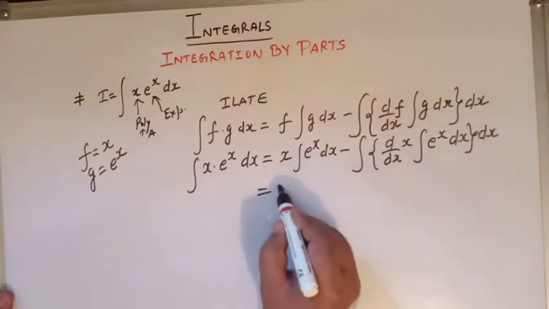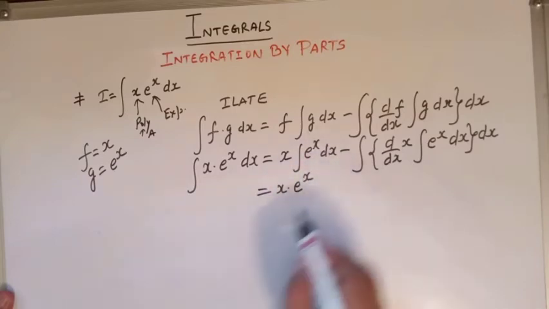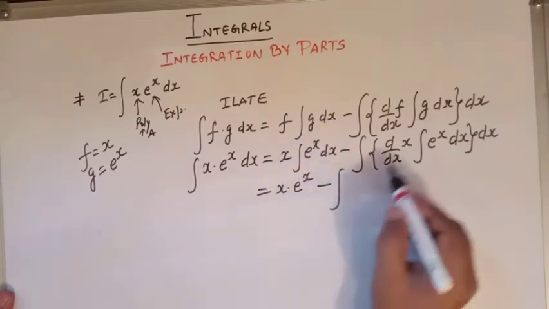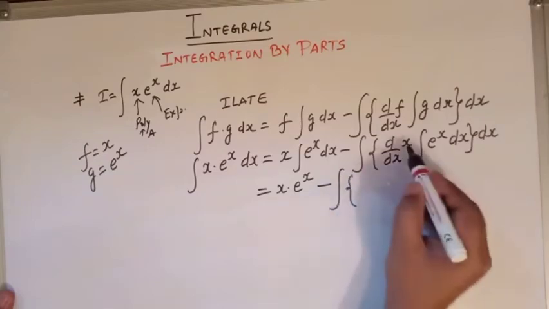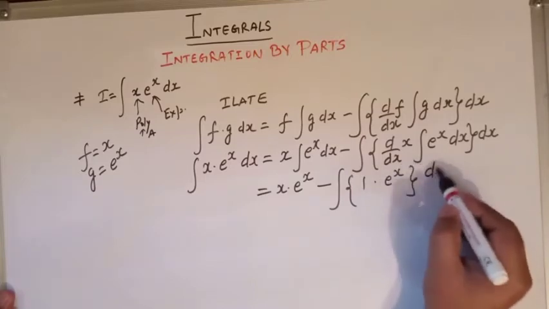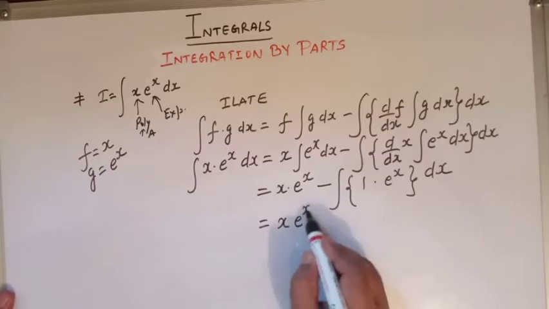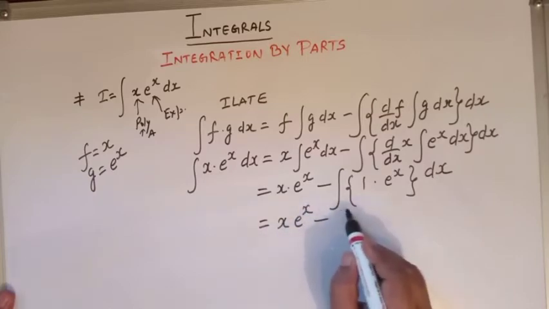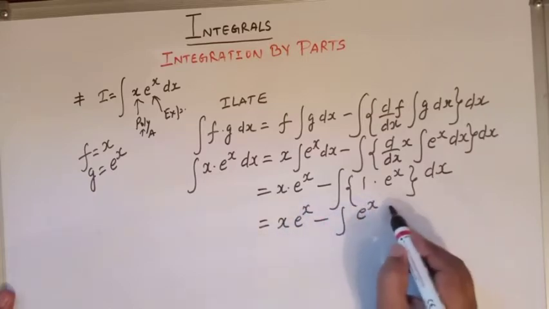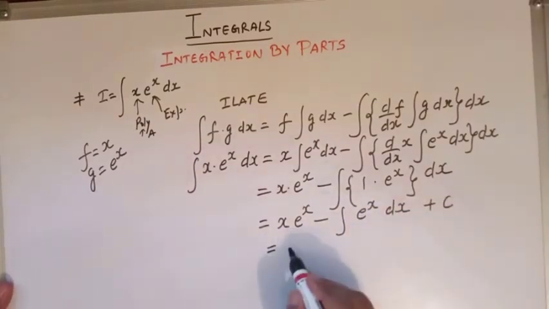So this is x, the integral of e raised to x is e raised to x, minus the derivative of x is 1, times e raised to x, and here we have dx. Then we have x e raised to x minus the integral of e raised to x dx, and here we will also have the constant of integration.